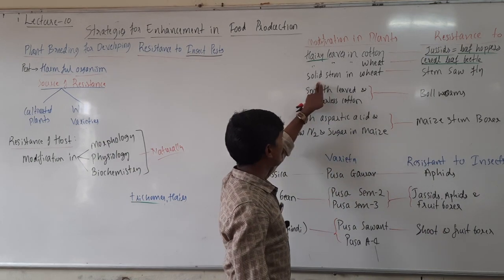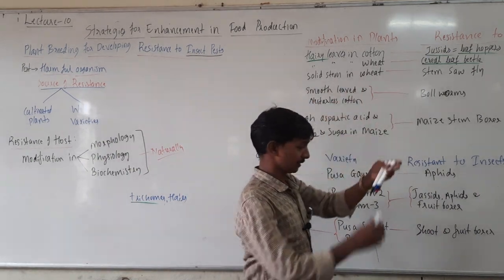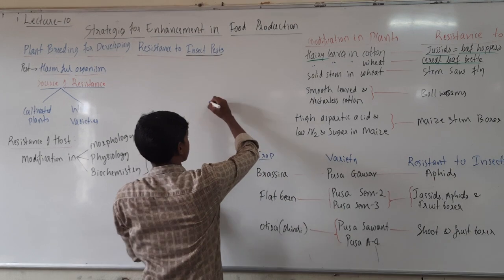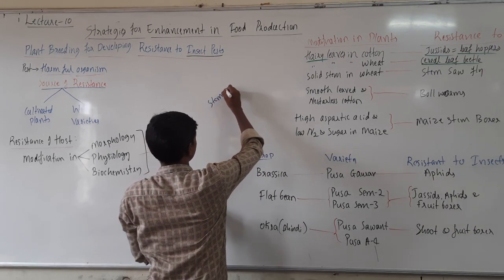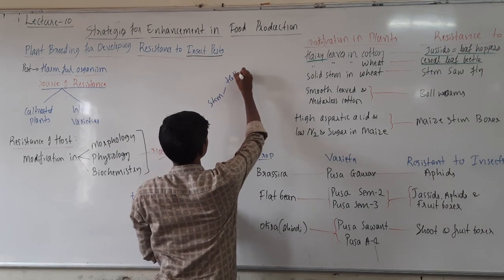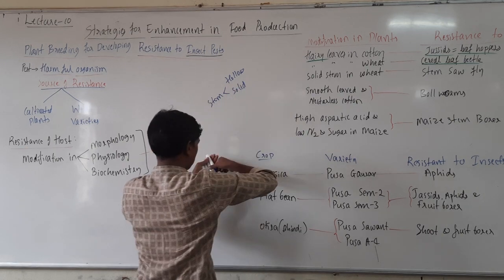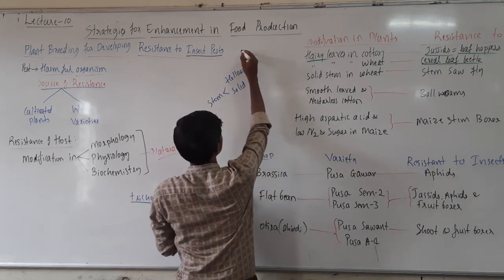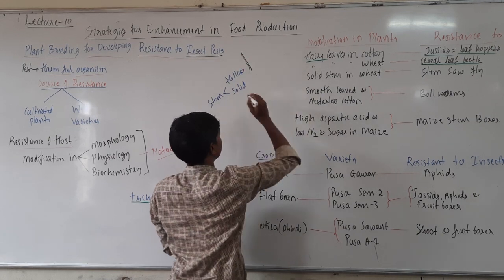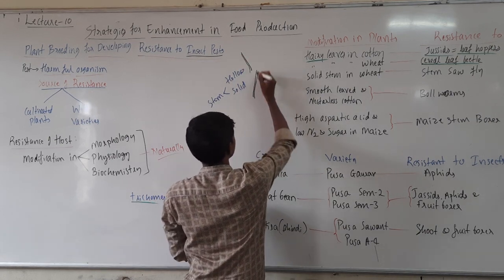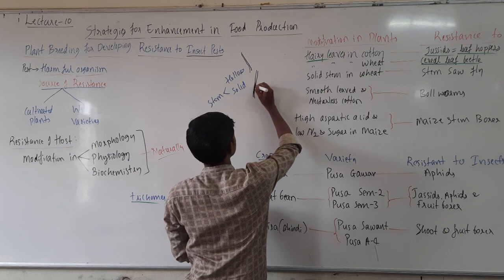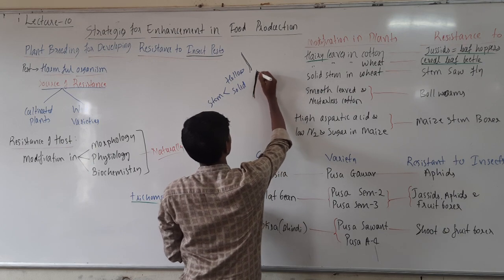Similarly, solid stem in wheat. Remember, the stem may be hollow or it may be solid. Hollow means inside the stem there is a cavity. Solid means inside the stem there is no cavity.